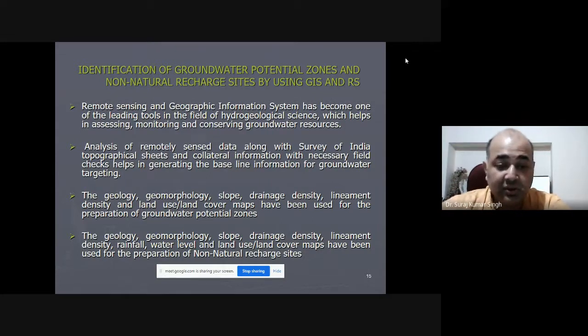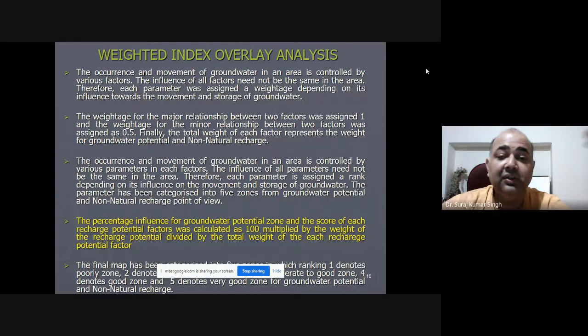So the geology, geomorphology, slope, drainage density, lineament, rainfall, and water level will all be prepared for creating a layer for groundwater exploration. For that, we will use some scientific logic or scientific model for creation of these composite maps.